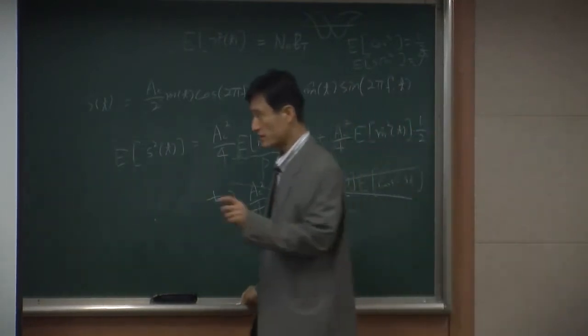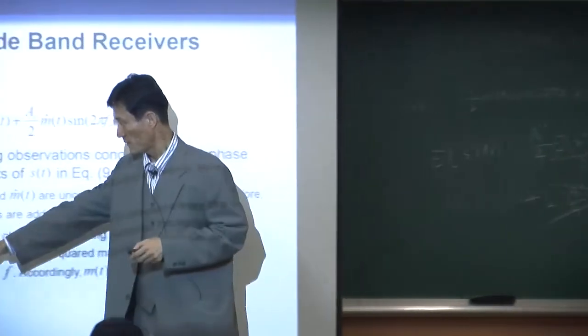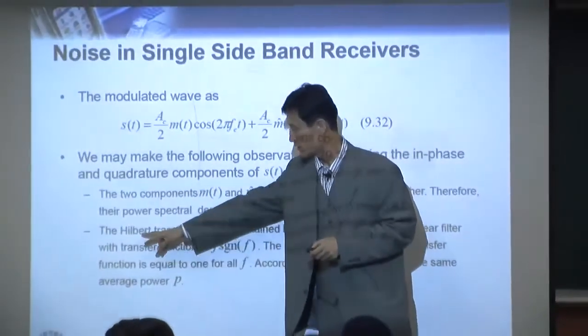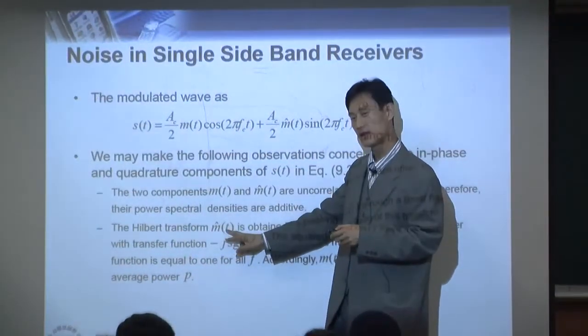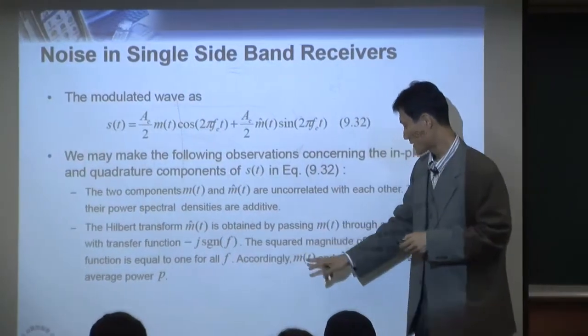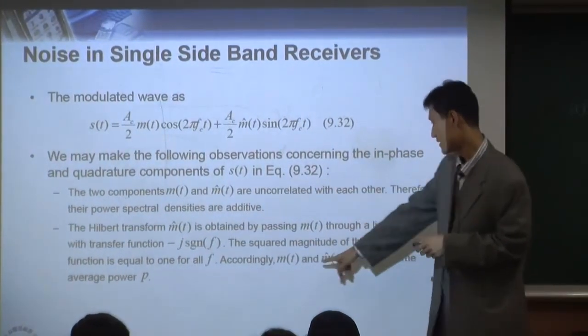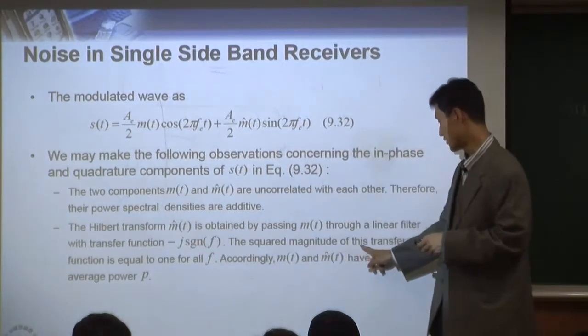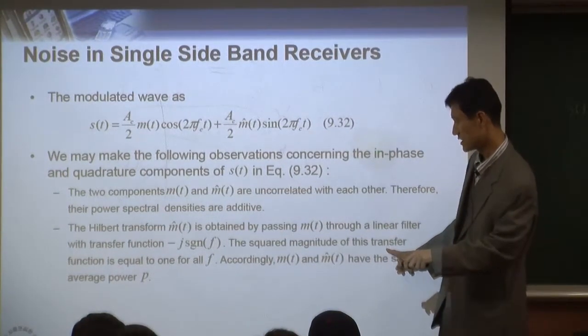And another thing: for the second term here, the Hilbert transform m hat t, the squared magnitude of this transfer function is equal to 1.